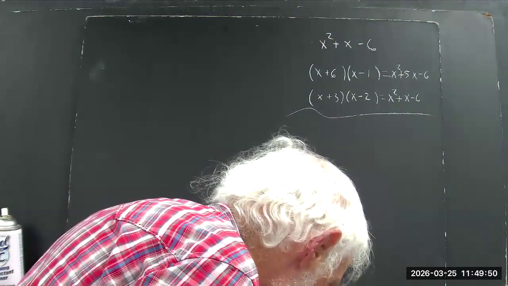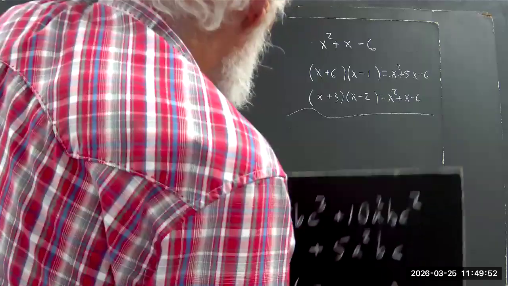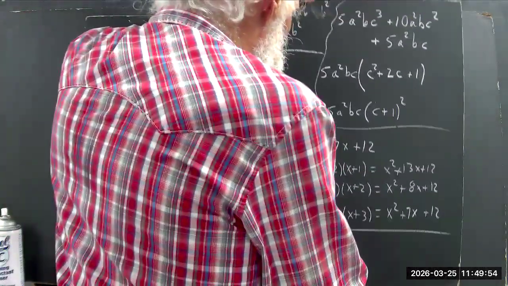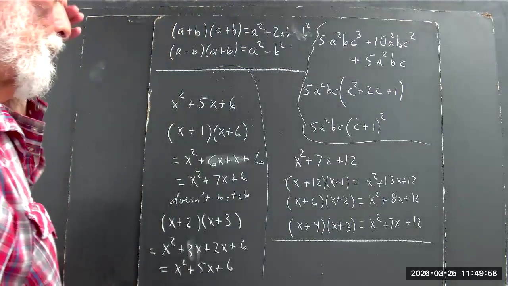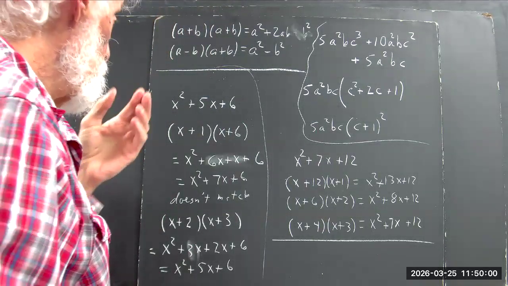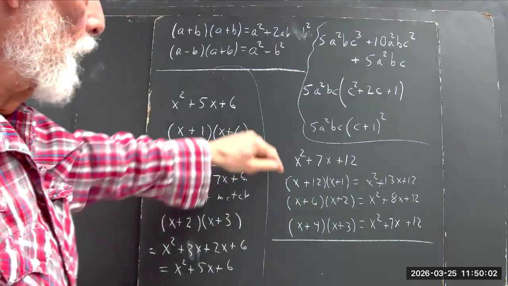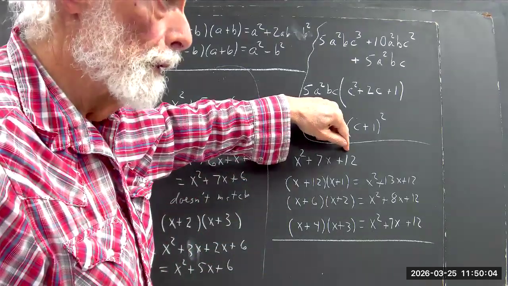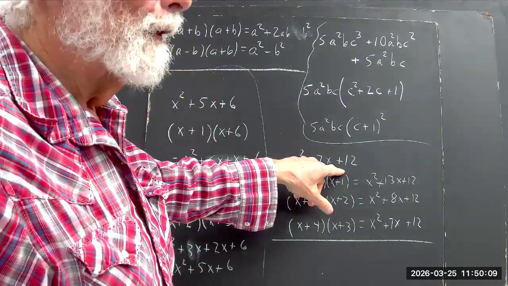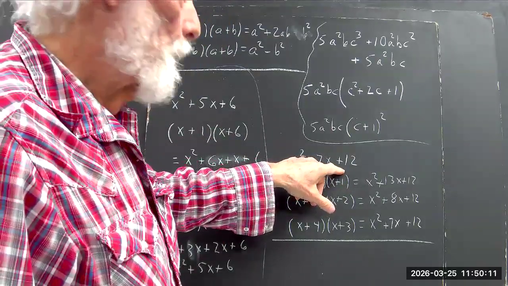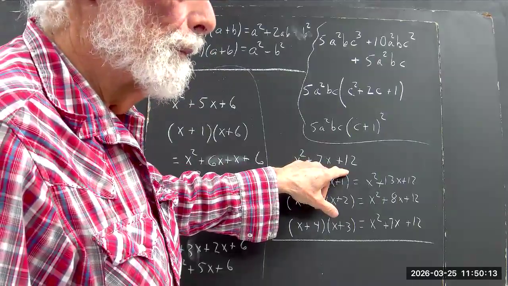Now let's go back to a couple of the earlier examples and then see how we can reason this out. You see that in every case, let's take the x squared plus 7x plus 12 case. We can solve this by figuring out what numbers multiply out to give us 12.